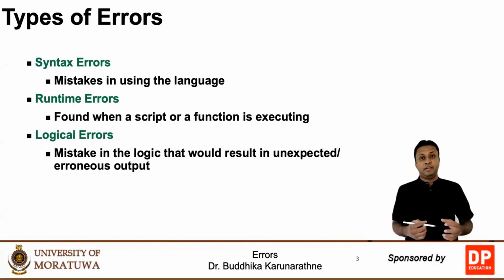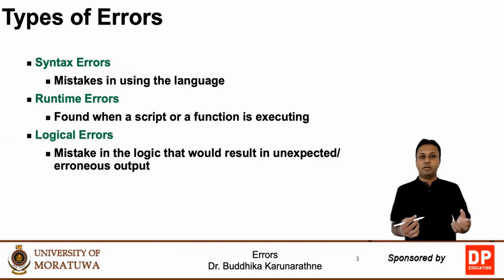We can identify several types of errors that we encounter in programming. What we usually call syntax errors are mistakes in using the programming language. Each programming language has its own syntax, and we should be very careful and write our programs correctly. And then we have runtime errors.